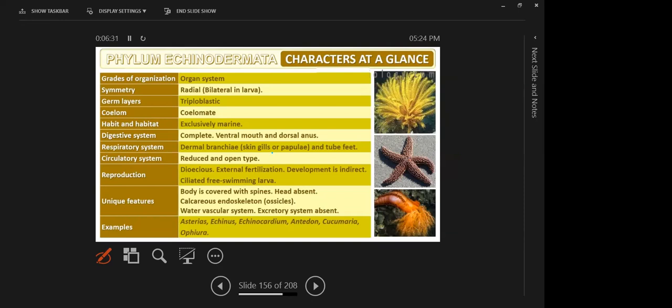Now I want all of you to make a table on a chart paper. You will get a chart paper for 5 rupees. Hang it up in the place wherever you walk up and down in your study area.